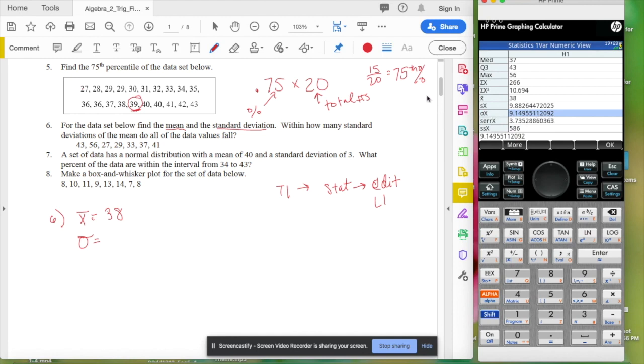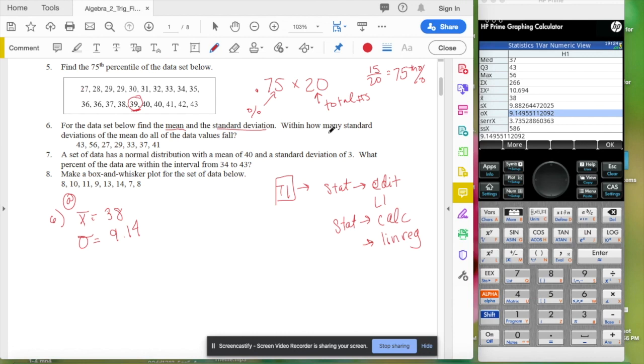But this is our standard deviation, which is 9.14. Again, for the TI people, to figure this out, you're going to go to Stat, then over to Calc, and then I believe it's LinReg. Once you click that, it'll show you the exact same thing. So this was part A, for find the mean and standard deviation.